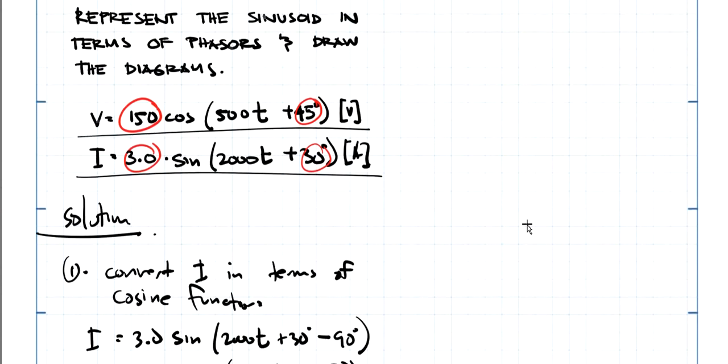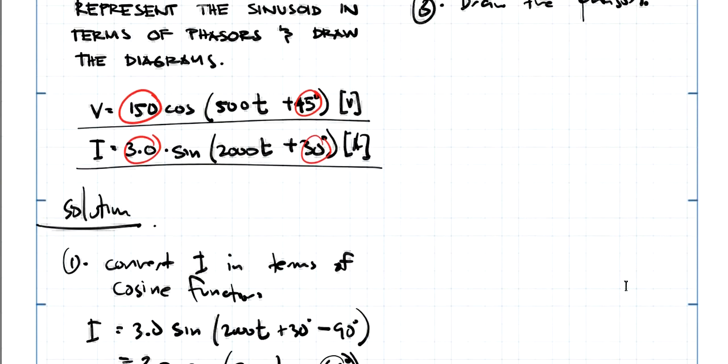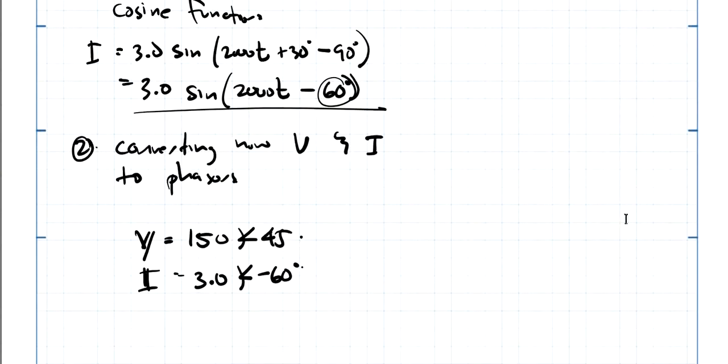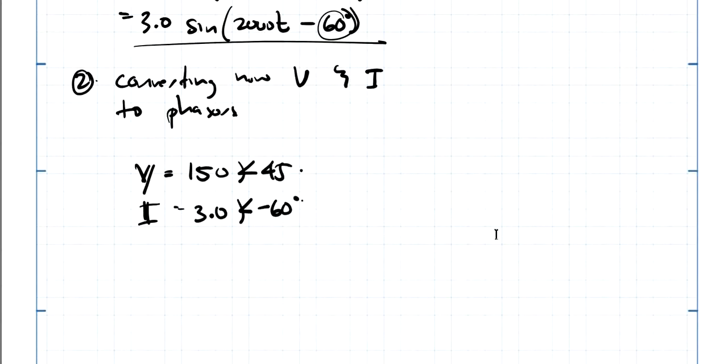Okay, so now let's draw. And number 3, draw the phasors. To draw that, we have here the magnitude and then the angle. So 150 angle 45, and the angle is positive. And recall that anything counterclockwise is positive, and any clockwise rotation is going to be negative. Let's say negative 60. From the reference point, it goes here, that's negative, and if it goes upward in a counterclockwise direction, that's positive.